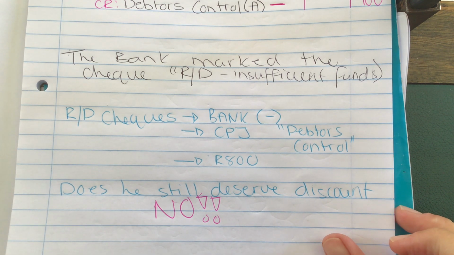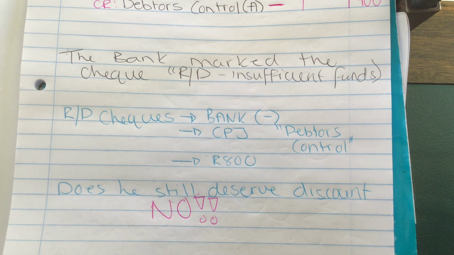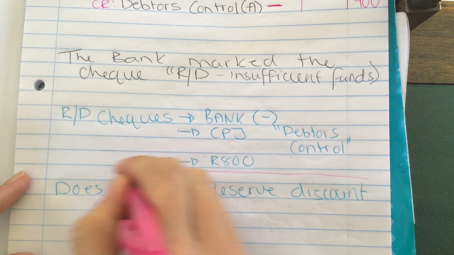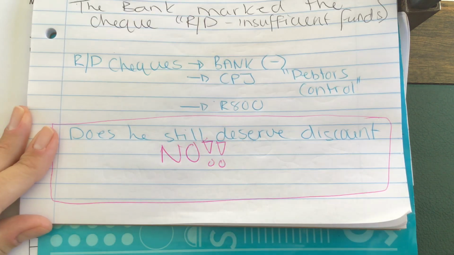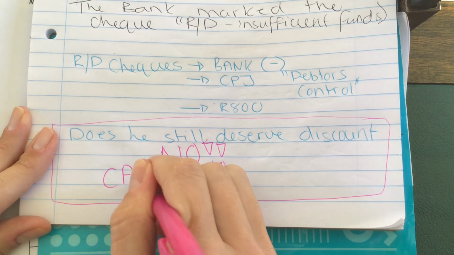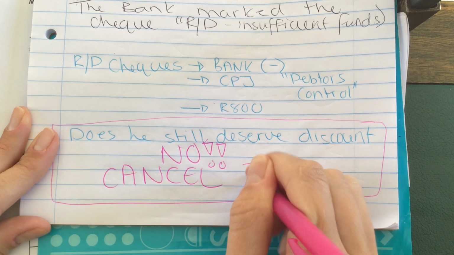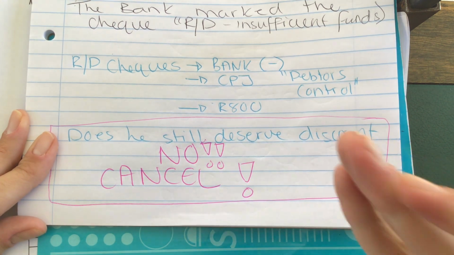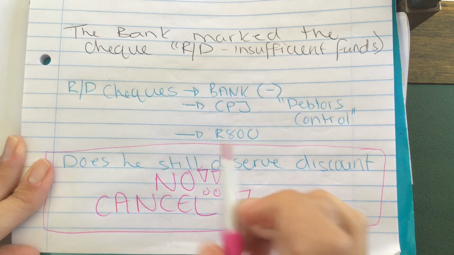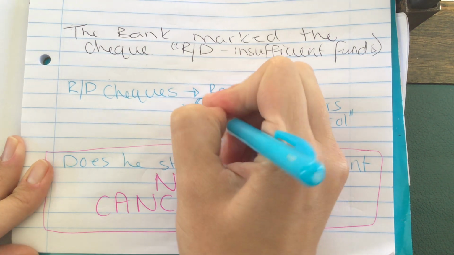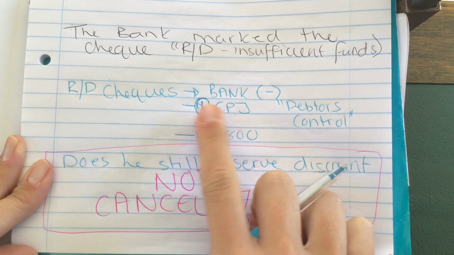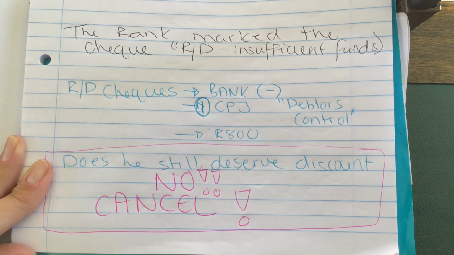Okay, so this is where this transaction lies, this portion here. Because he doesn't deserve the discount, we now need to cancel it. Okay, so what can we see here? You already knew, and this was always my first step, number one, we need to cancel the actual check in the CPJ.